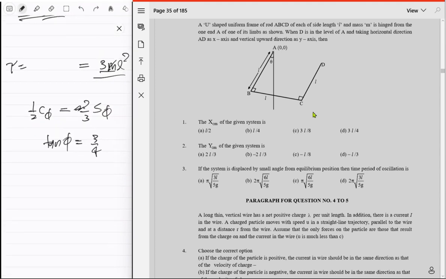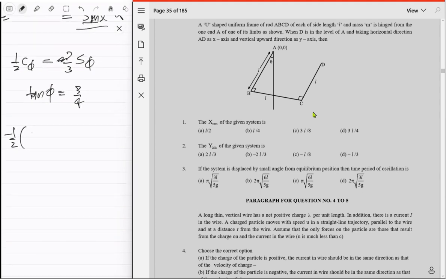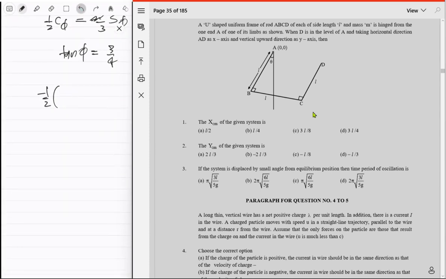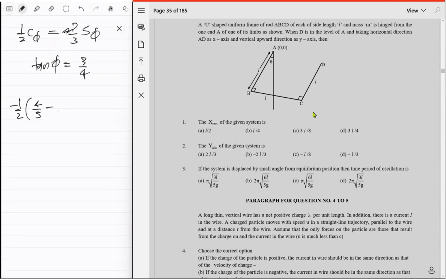Okay, let's do it. So -1/2 cosine of phi plus theta, which is 3/4. Wait, no, what will cosine be? Just cosine is 4/5. 4/5 and then just approximately 1 minus the sine theta term, that's what we want. Just minus sine of this guy, 3/5 sine theta, which is approximately theta.